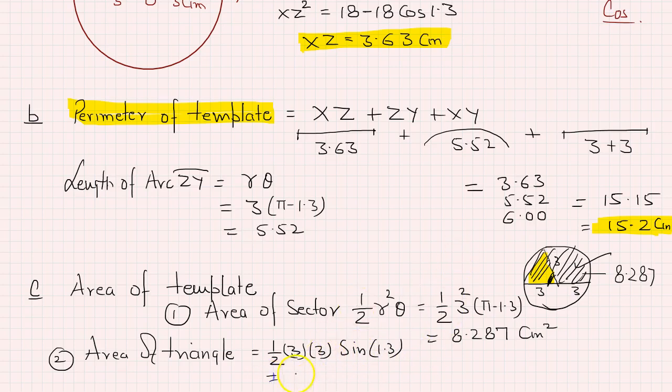So this is equal to 4.336. So if you add it, the area will be 12.623. So that is equal to 12.6. So that is the area of the template.